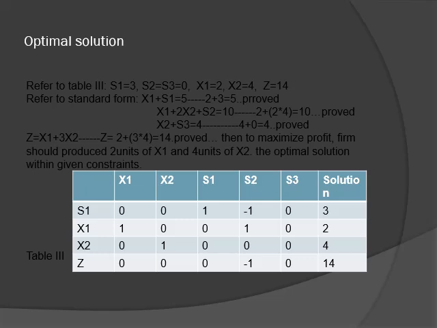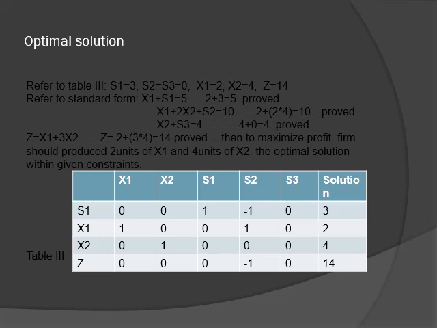Referring to the standard form, x1 plus s1 equals 5. x1 equals 2, s1 equals 3, the sum is 5, proved.